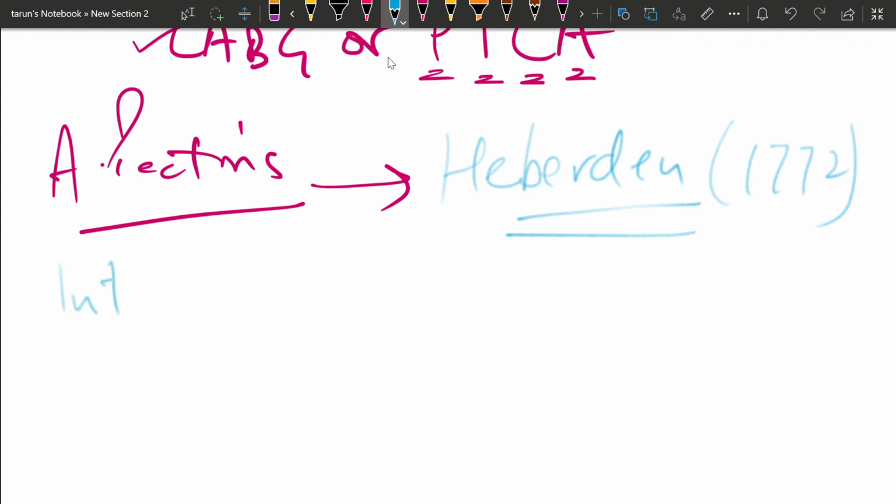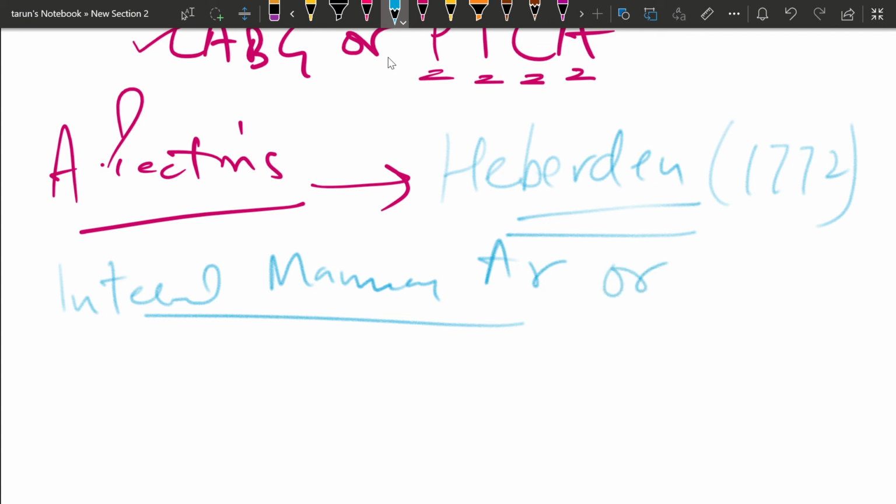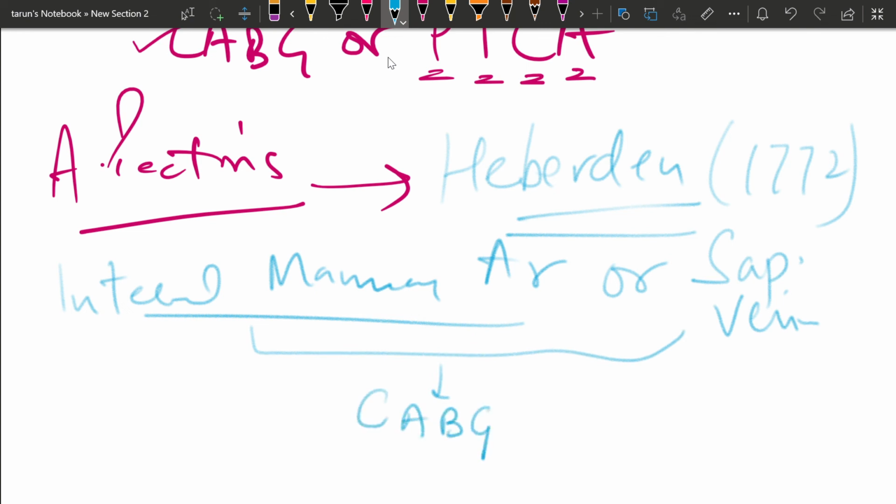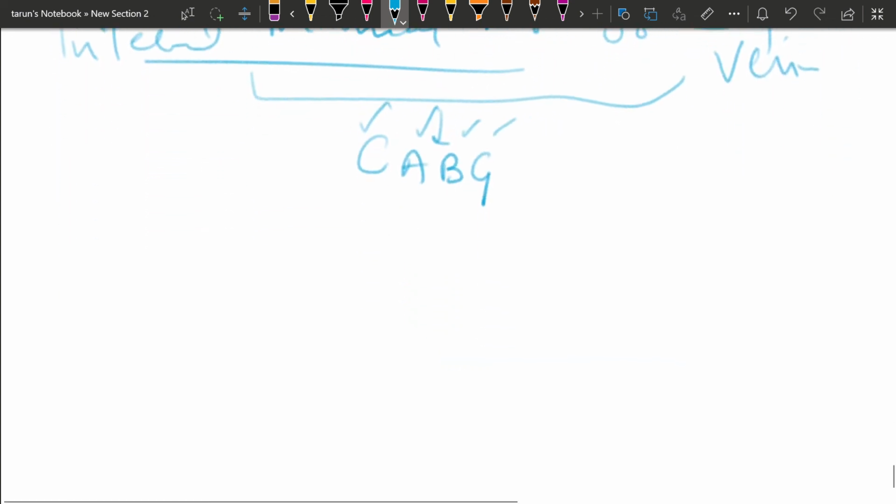Other important points: the internal mammary artery or saphenous vein are used for coronary artery bypass grafting.